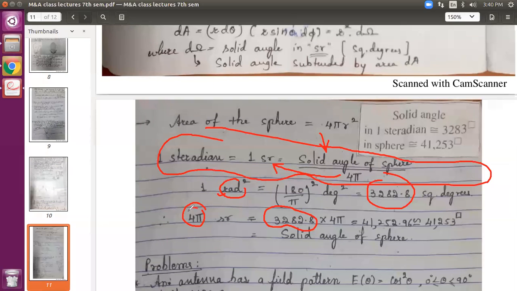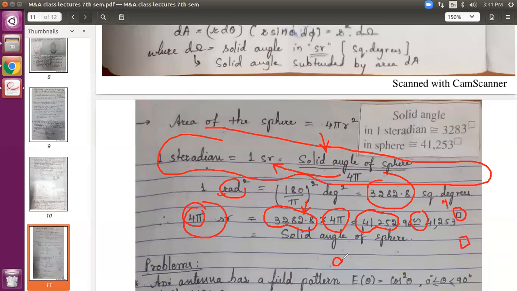That's why 4 pi steradian is 4 pi into whatever you got in square degrees, which is somewhat 41252.96, or approximately 41253. You just observe here, I have put a small square on top as a superscript.